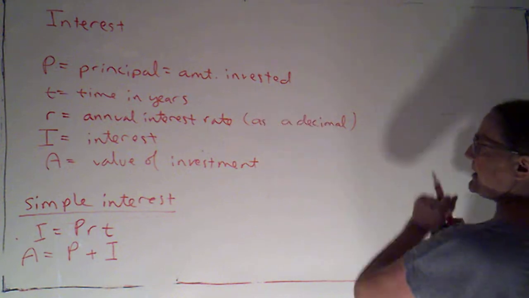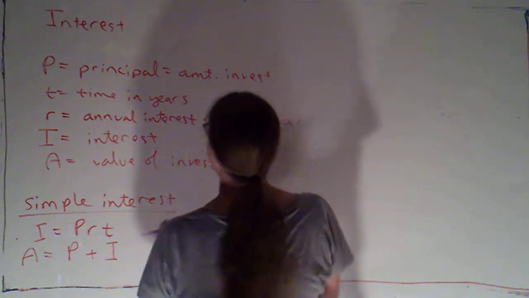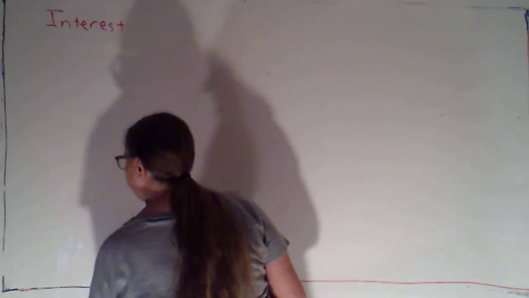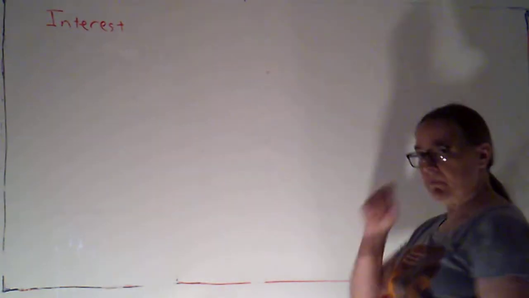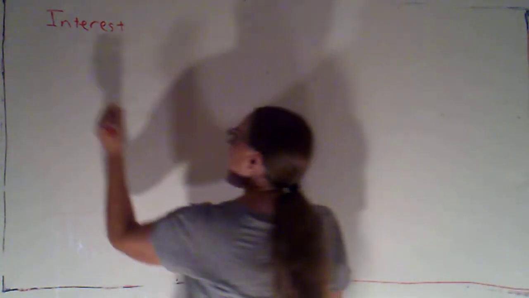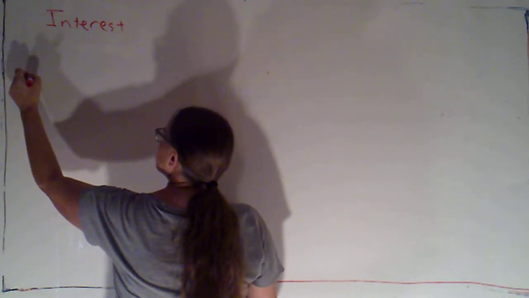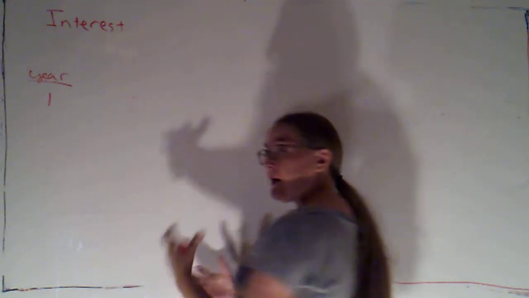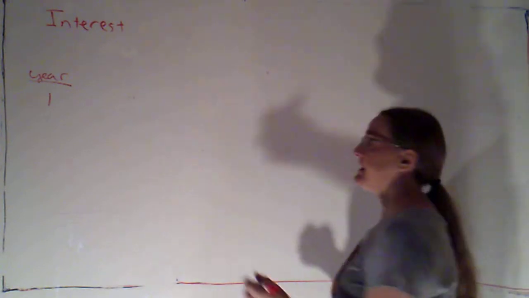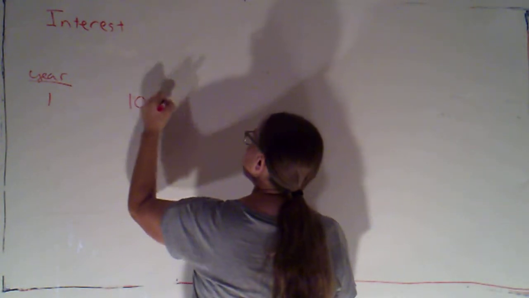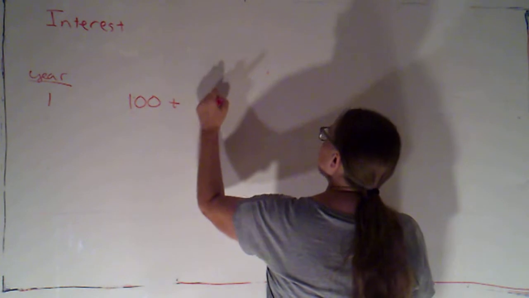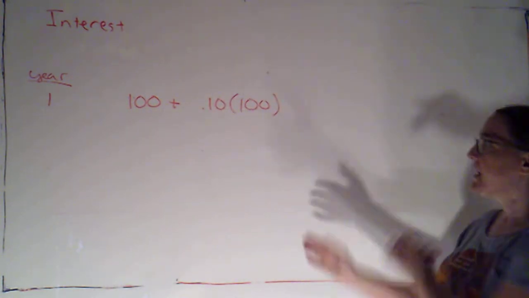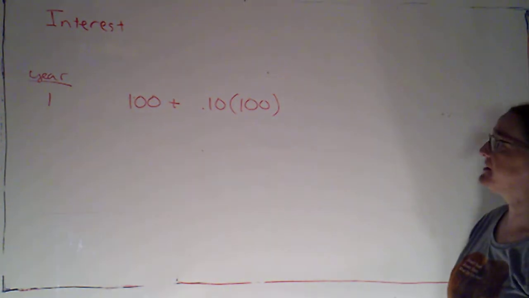Okay. Now I want to try to come up with the formula for the compound interest. I'm going to erase this just so I have some more space. Let us see if we can figure it out from this example. Okay, so at year 1, the amount that we had in the bank at the end, we had the $100 plus 10% of the $100, okay, because we hadn't compounded our interest yet.